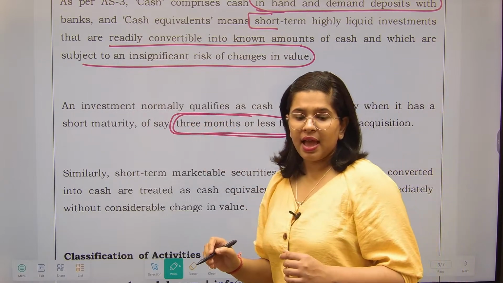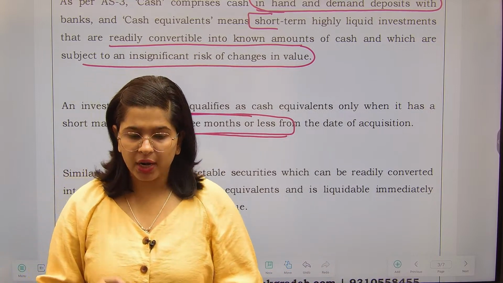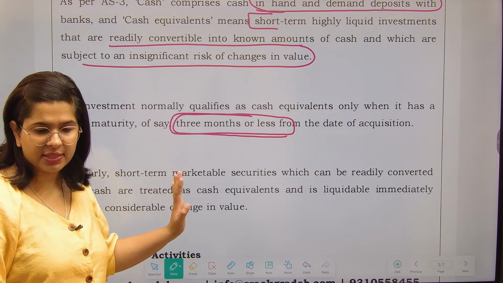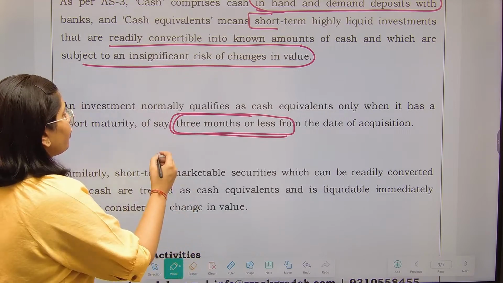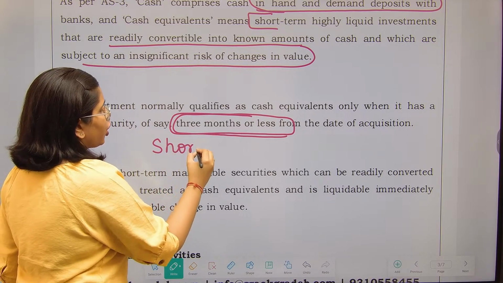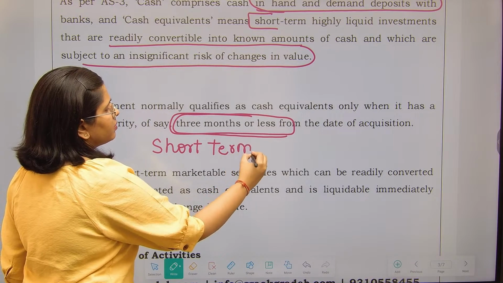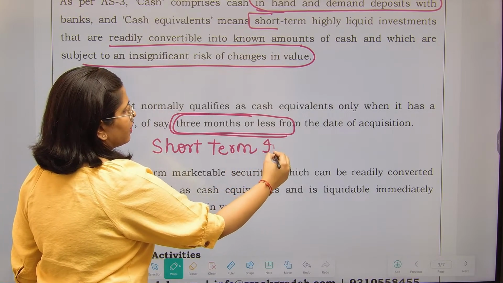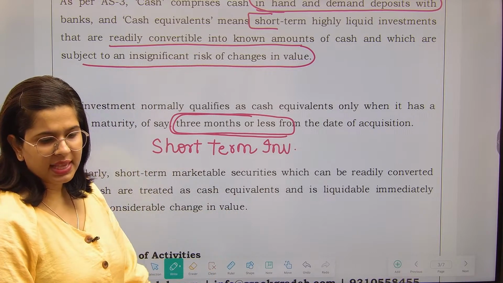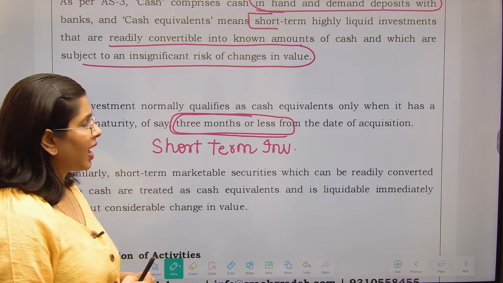That means any investment having a maturity of 3 months or less can be classified into your cash equivalents. We call them short term investments. Okay?